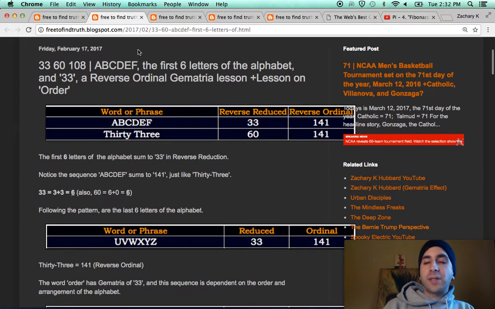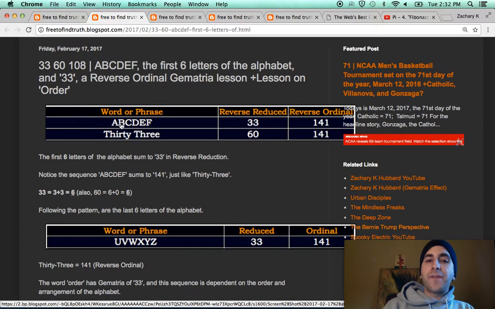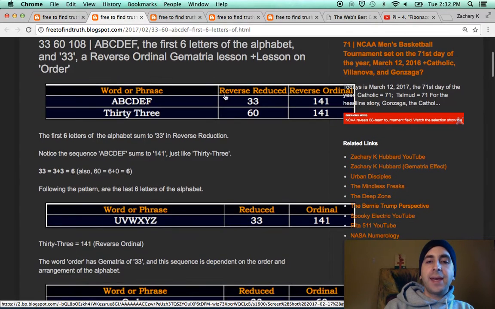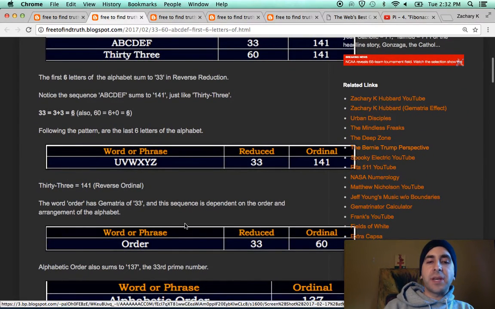Real quick, I want to talk about order. Order in the alphabet. The first 6 letters of the alphabet have a gematria of 33 and 141. If you write out 33 as a word, it sums to 60 and 141. 60 is interesting because the word order has gematria of 33 and 60.